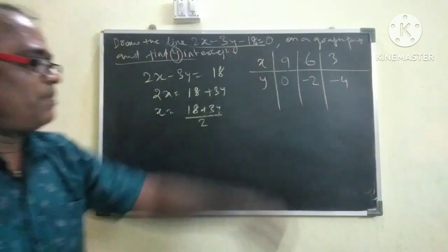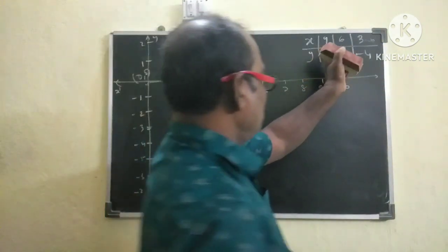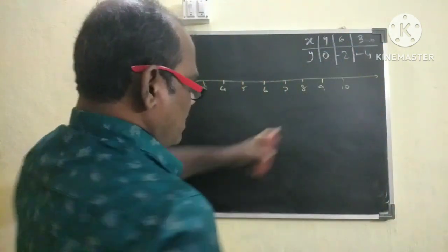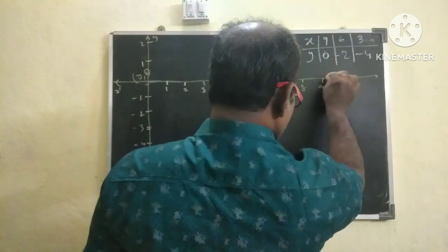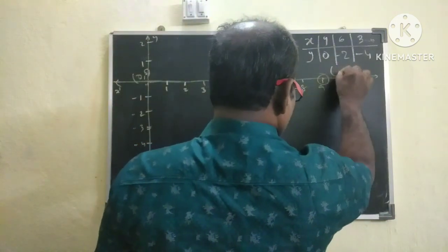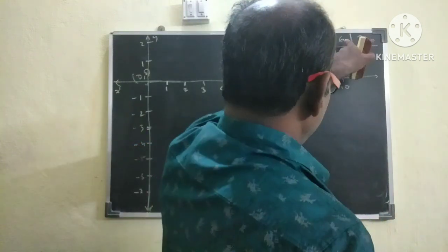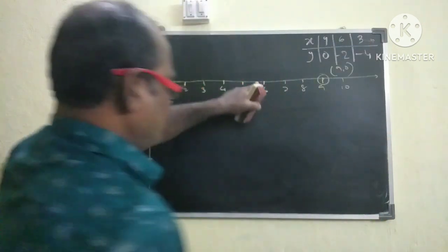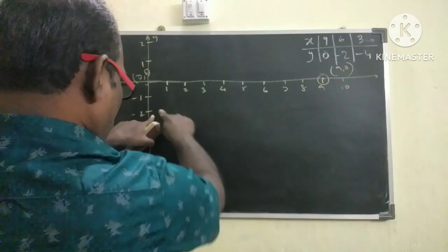Now we got the 3 pairs of points, so we can easily find out the graph. Now let us plot the graph. So we have here x is equal to 9, and y is equal to 0. So the point is here. So circle this, write on here 9, 0. Next, x is equal to 6, and y is equal to -2.